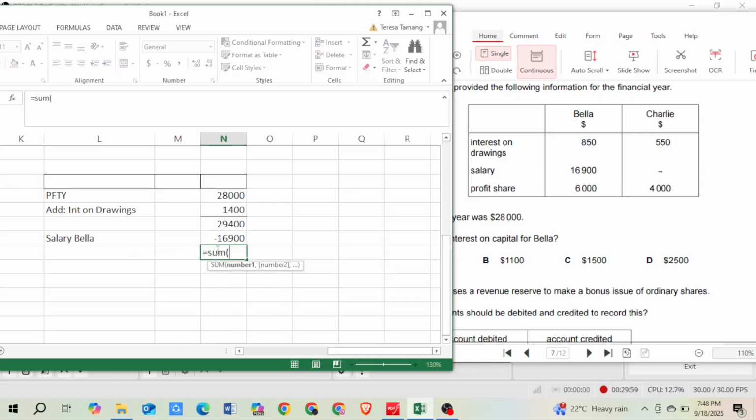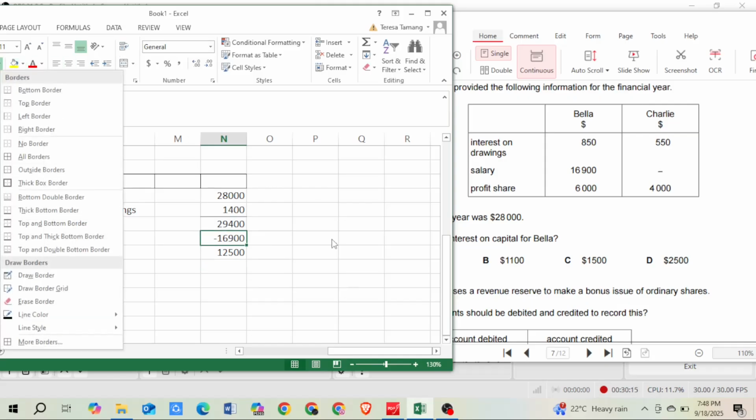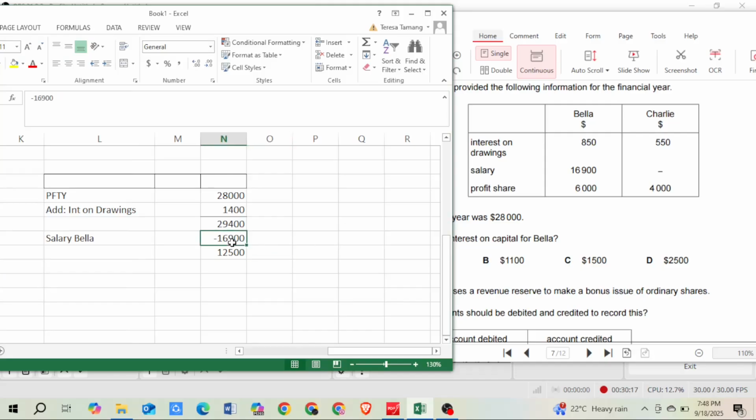Then after this we need to find out another total, and that total amount is given. So salary for Bella is given.